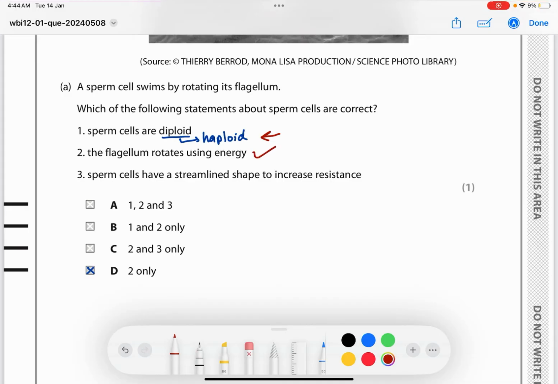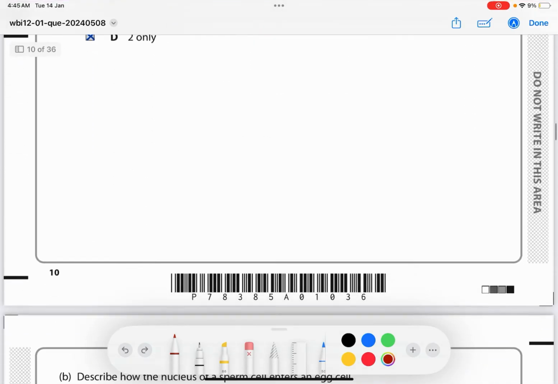This point is correct. Sperm cells have a streamlined shape to increase resistance. That is wrong. No, they have a streamlined shape so it can decrease resistance. That's an adaptation that helps them to swim faster. So the answer is going to be D.